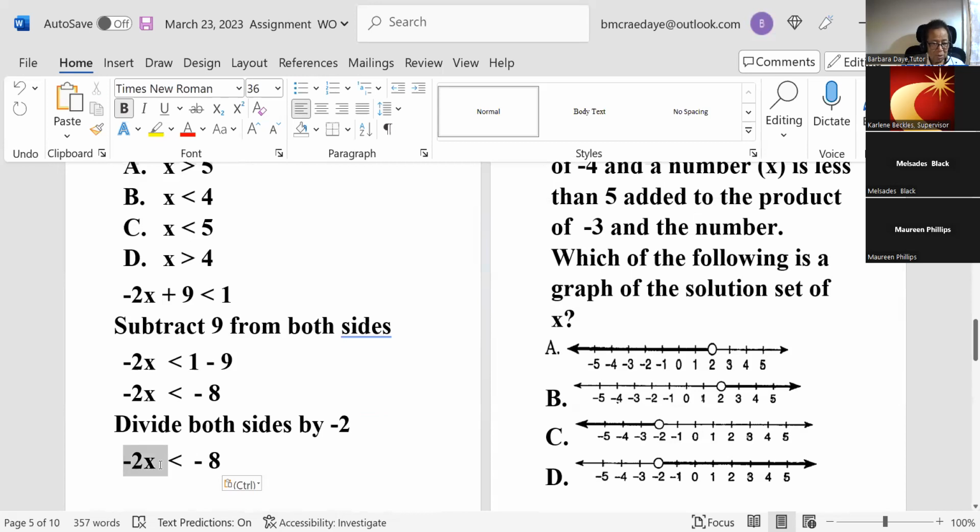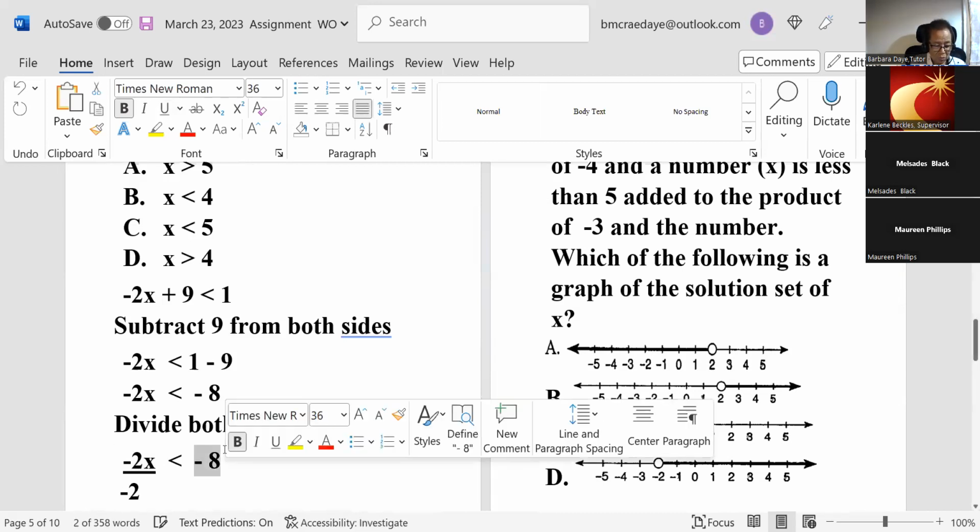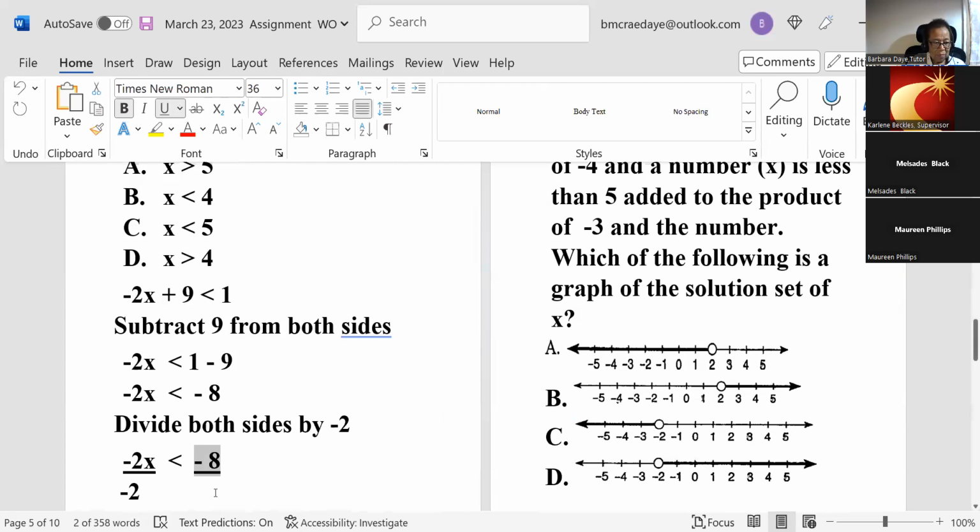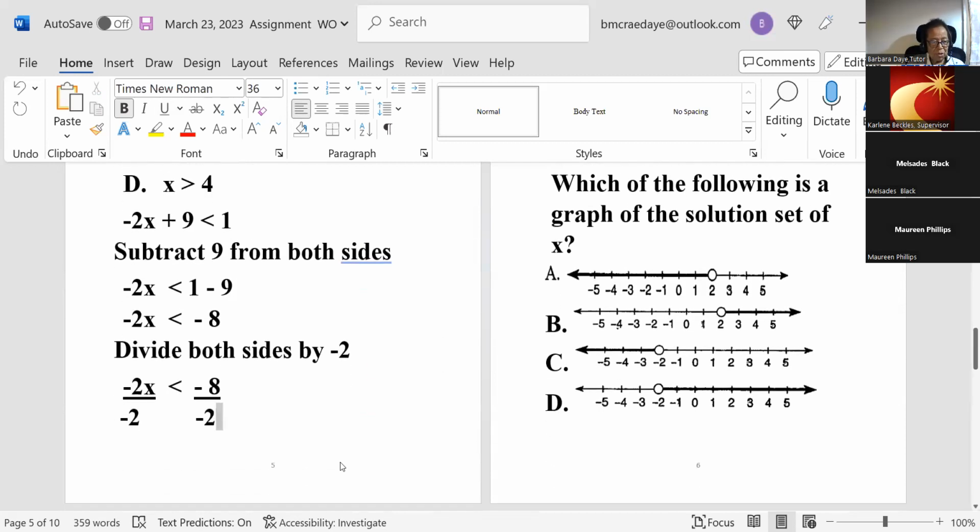So you don't get a 0 here because you're dividing. That will give you a 1, like you just said. And do the same on the right, divide by -2. So on the left side, Maureen, what do you have? 1x.